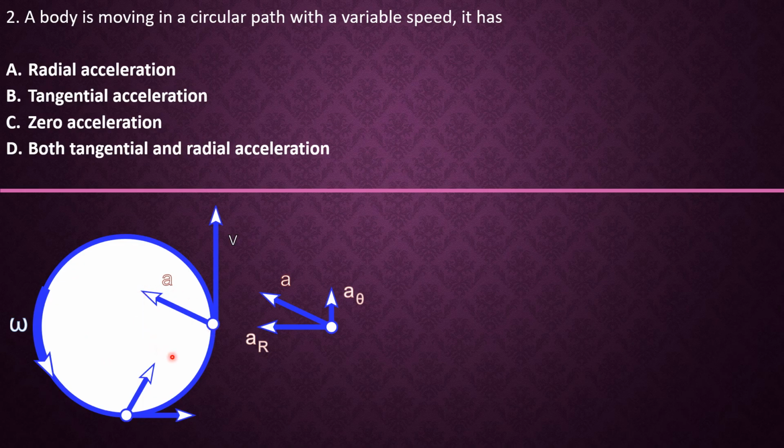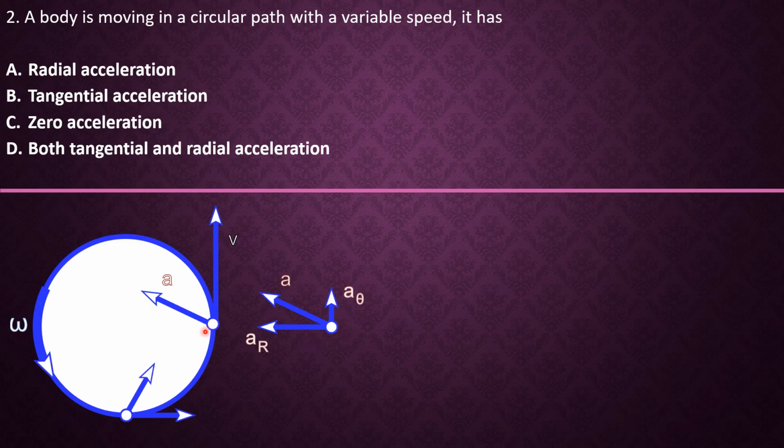But if the particle is now moving with a variable speed, that means that the magnitude of this velocity is changing, and for the magnitude of this velocity to change, there has to be a component of acceleration acting along this direction, and that component of acceleration acting along this direction is the tangential component of acceleration.